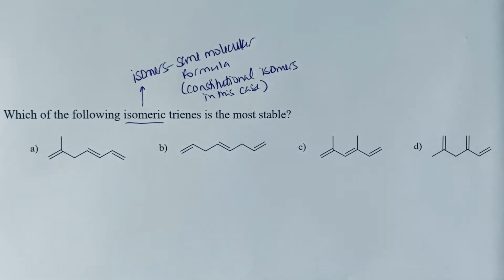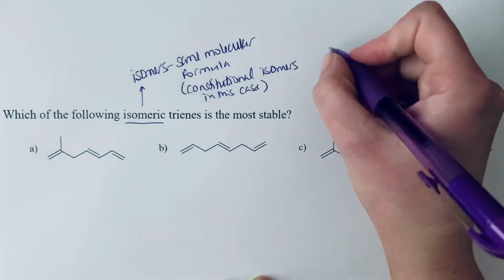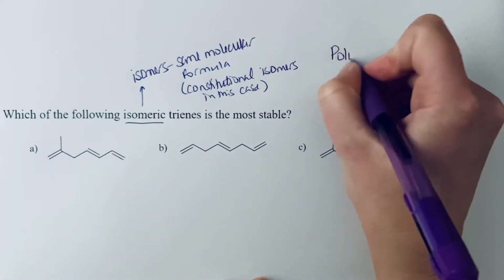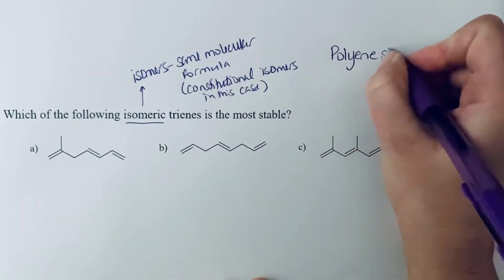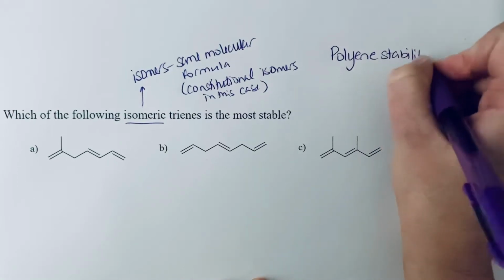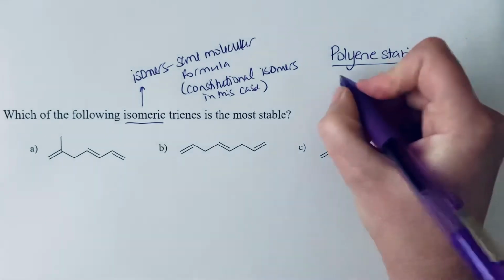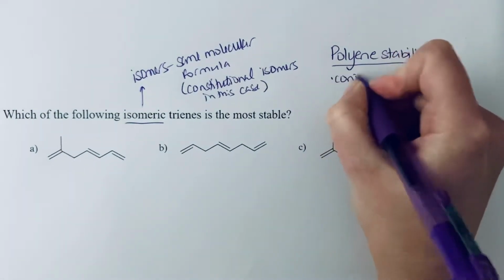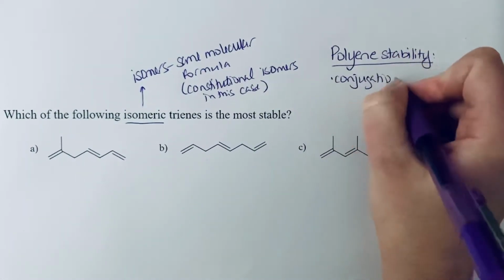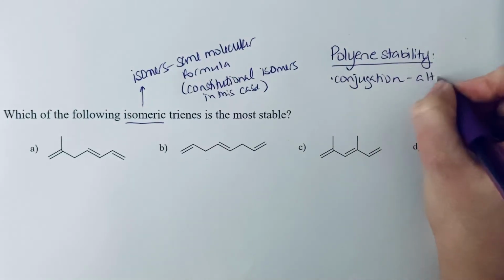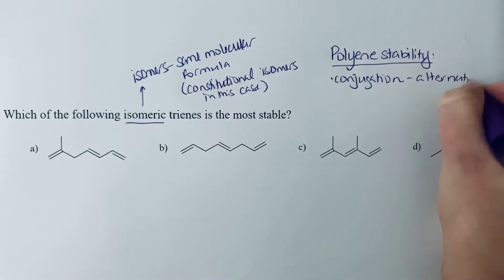So when we're evaluating the stability of a molecule with more than one alkene, the first thing we want to look at is where those alkenes are relative to each other. So these are polyenes. So if we're looking at polyene stability, the most important thing we're going to look for is conjugation. So conjugation means having alternating single and double bonds.